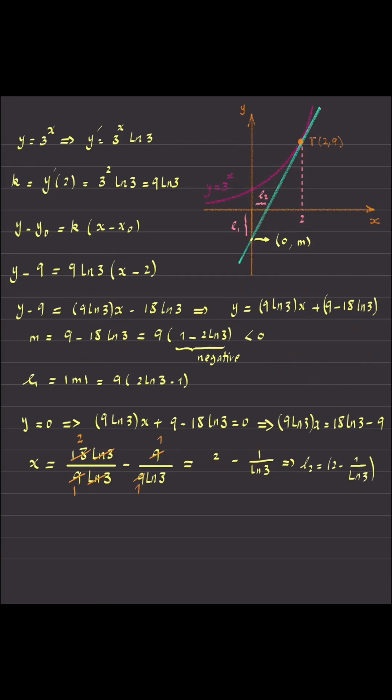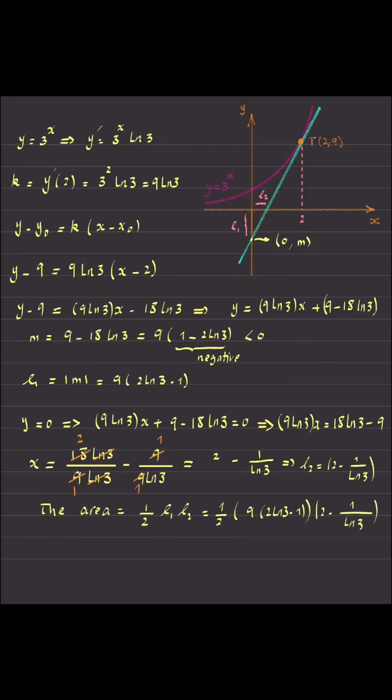Okay, so now the area is 1 over 2 L1 times L2. So this becomes 1 over 2 L1. What was L1? L1 is just this number, 9 over 2 ln of 3 minus 1, and then I multiply by L2, which is 2 minus 1 over ln of 3.